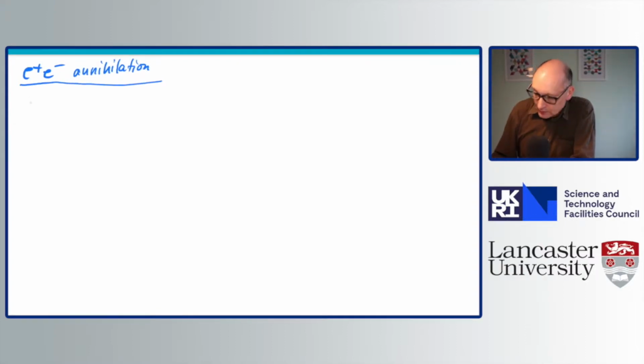So what we're looking at here is an e plus of momentum p prime and an e minus of momentum p, creating a mu plus of momentum k and a mu minus of momentum k prime.